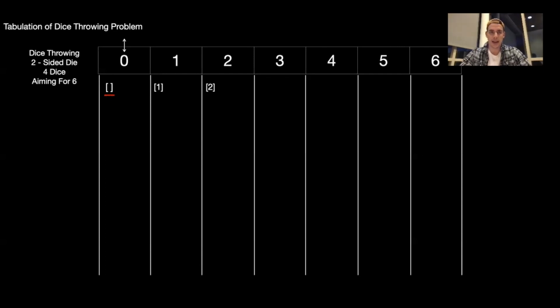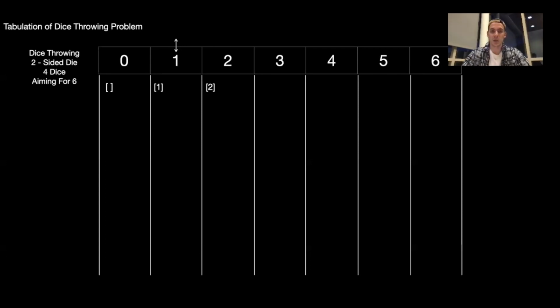Now that we are done with everything at position 0, we move to the next location within the table, which is 1. Here we have the array 1. What that means is we've rolled 1 die already. That's the size of the array, and its value is 1.